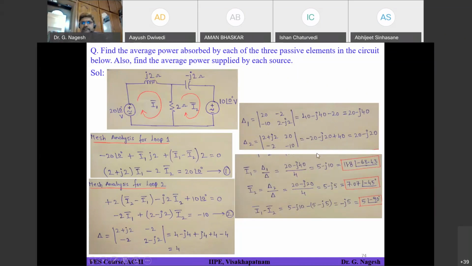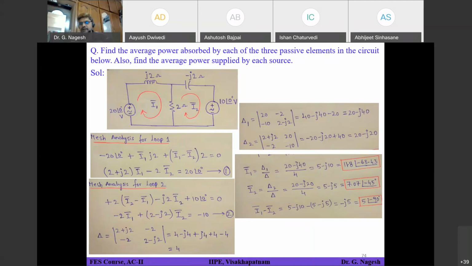So I am getting I1 equals 11.8 at an angle of minus 63.43 degrees, and I2 this much value, 7.07 at an angle of minus 45 degrees. Did anyone get these results or not? Yes, sir. Okay, so some of you have already got.